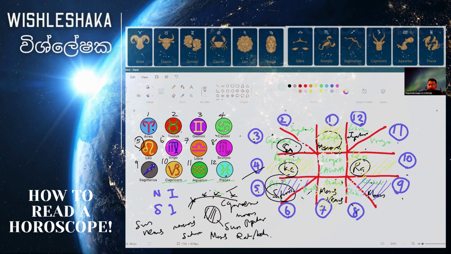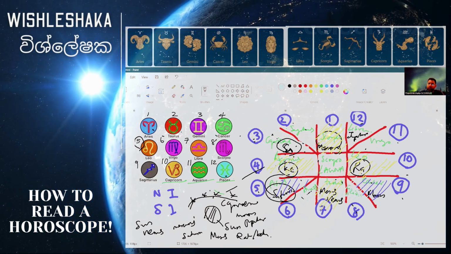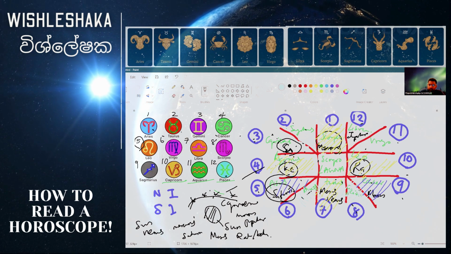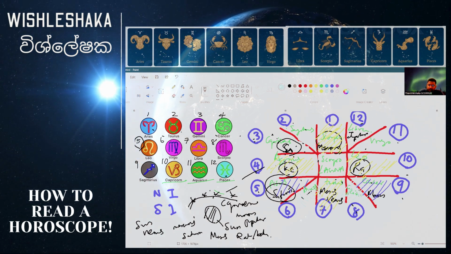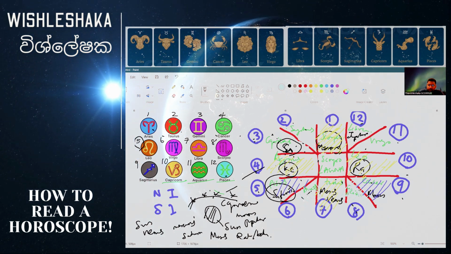The 8th house is all about those, the longevity of an individual. You call it Marakasthana. Maraka is death in Indian Hindi.